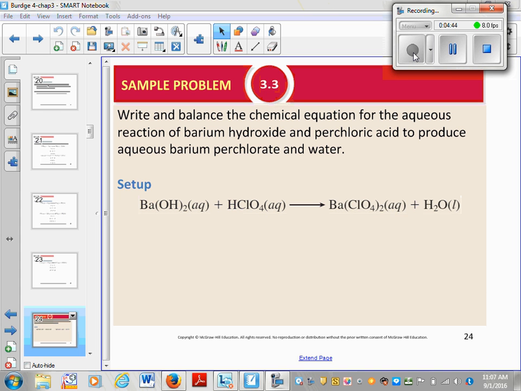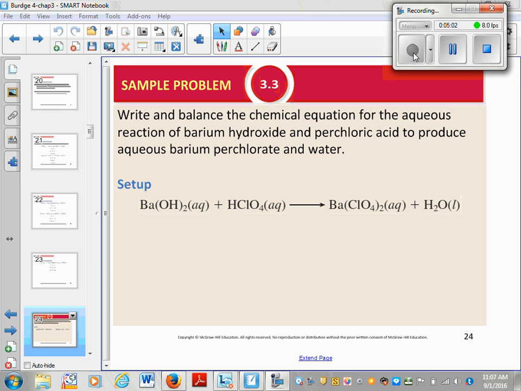You see we have 2 polyatomic ions here. We have OH, the hydroxide. We only have it on one side of the equation, so we're only going to count that as O's and H's. But we have the ClO4, the chlorate, we have that on both sides.